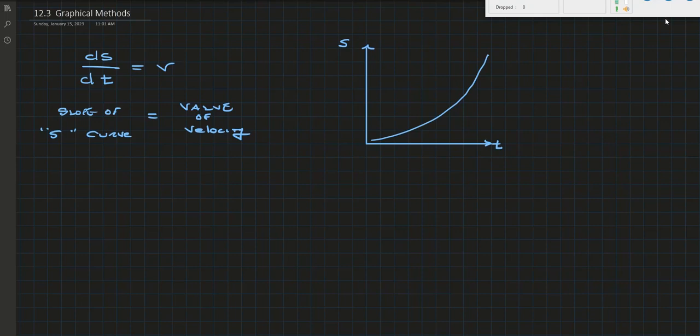So say I have some S versus T curve, and at some time 4, this equals, say, 16, because my curve here has the equation S of t equals t squared. It's a parabola shape.